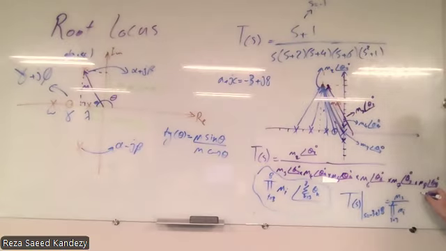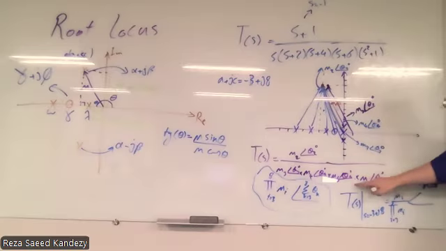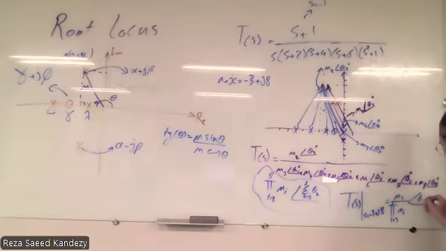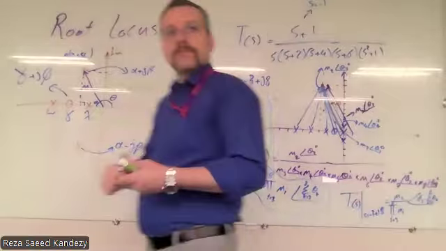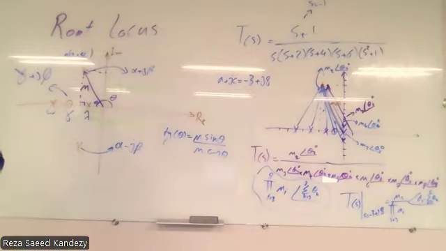Okay, what about the theta? It's a subtraction, right? Numerator minus denominator. So it's going to be theta 2 minus that summation that we have. Are we good?